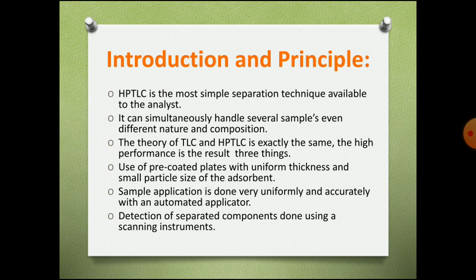In TLC, the spots we applied are separated in a saturation chamber, and the separated spots are detected as colored spots. That is very time consuming, but in HPTLC the separated components are directly scanned with the help of instruments, so it is very fast compared to the ordinary TLC method.